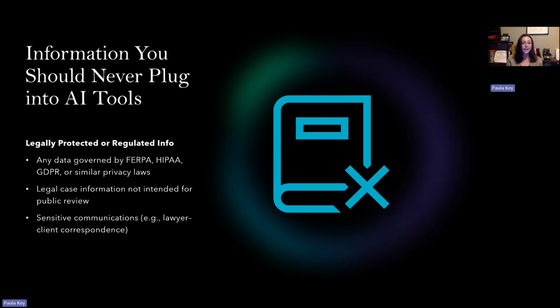HIPAA is your health, and other things, anything related to privacy laws. You wouldn't want to put legal case information in there or sensitive communications. So you might be asking AI for help about a court case that you're dealing with. Maybe, God forbid, you're being sued or someone's suing you, you've got to be really careful about what you plug in with that. You can certainly ask it for help, but again, keep it very vague.